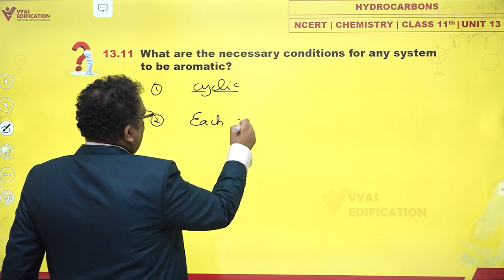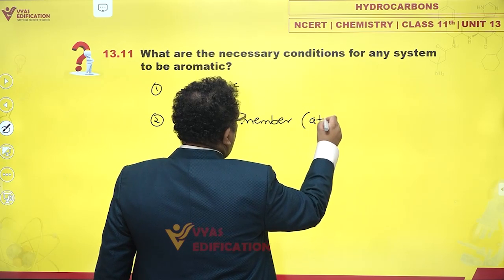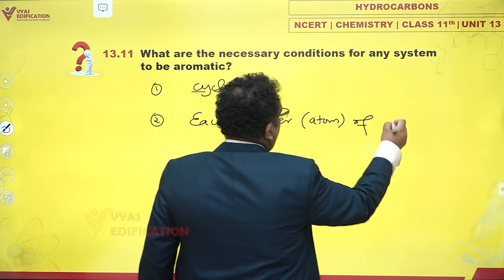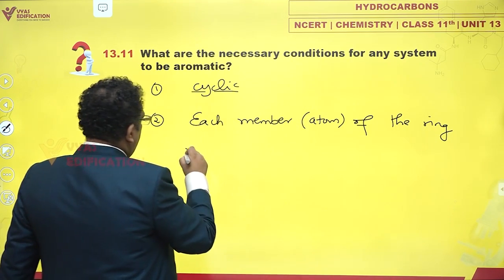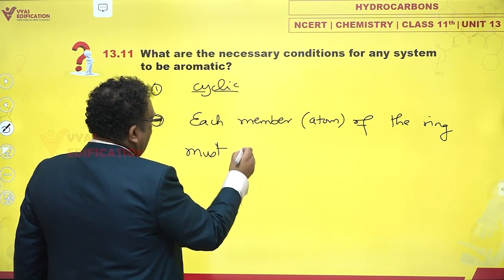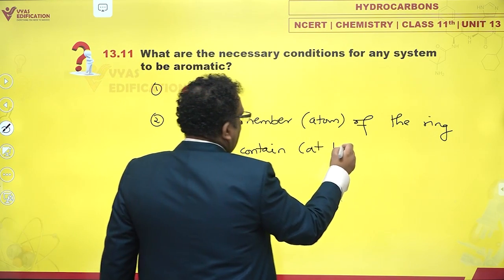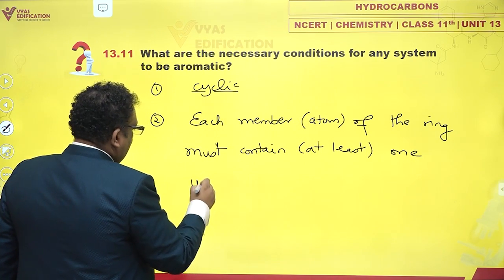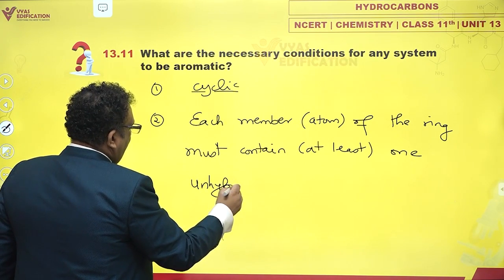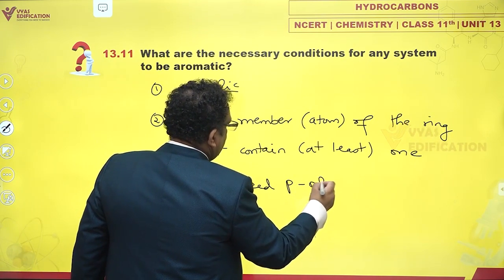Then each atom of the ring must contain at least 1 unhybridized p orbital.